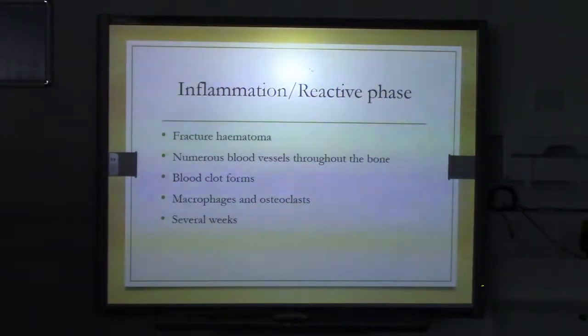And the hematoma coagulates in between the injury site and around the fracture, which forms a callus formation. And at this point there are numerous blood vessels throughout the bone which have now become damaged due to the injury. And due to those now dead blood cells around the bone, this causes more cells to enter at that site based on the healing cascade.